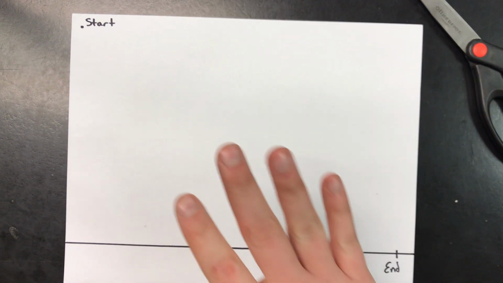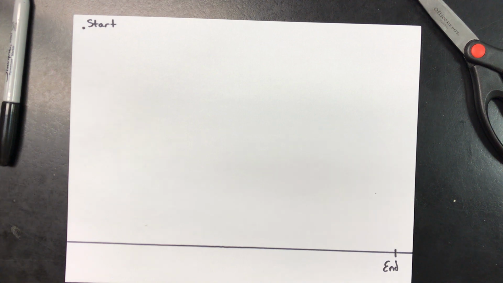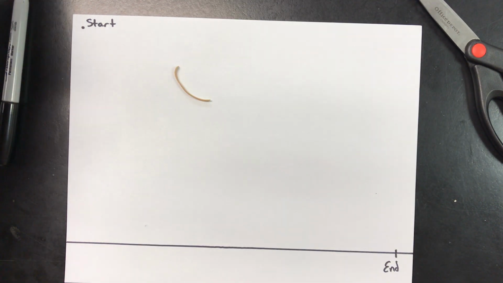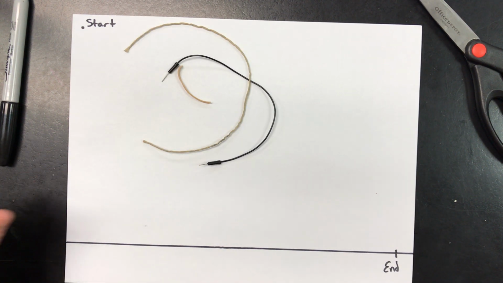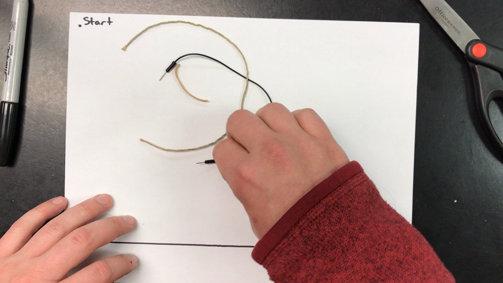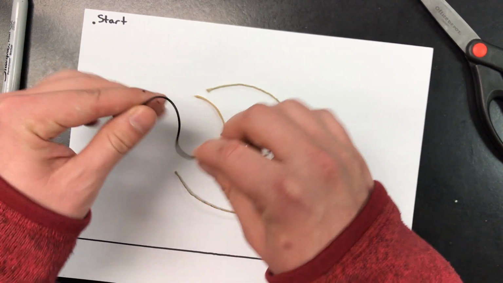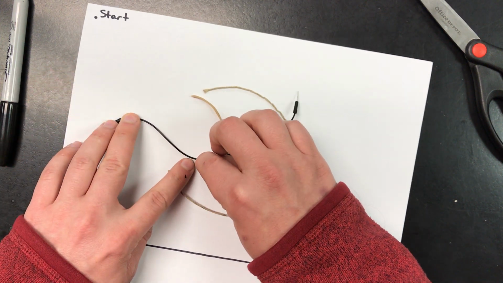To make this to scale without using math, you're going to need something like a rubber band, a wire, or some string. Wire is nice to use because when you bend it into a shape, it will stay in that shape quite easily.